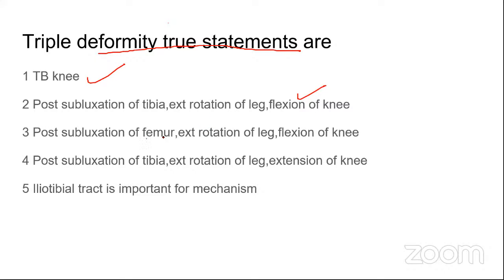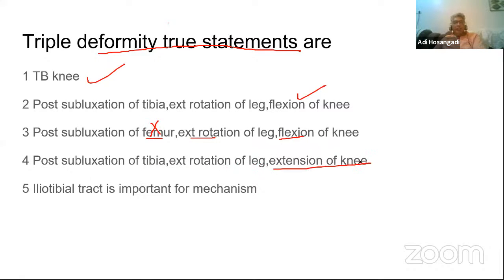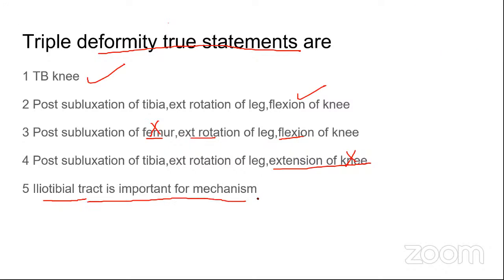Posterior subluxation of the femur, external rotation of the leg and flexion of the knee. Is it correct? No. Definitely no. Posterior subluxation of tibia, external rotation of the leg, extension of the knee. Is it correct? No, sir. Flexion. Very good. So the IT or iliotibial tract or IT band is important for the mechanism, right or wrong? Yes, sir, true.